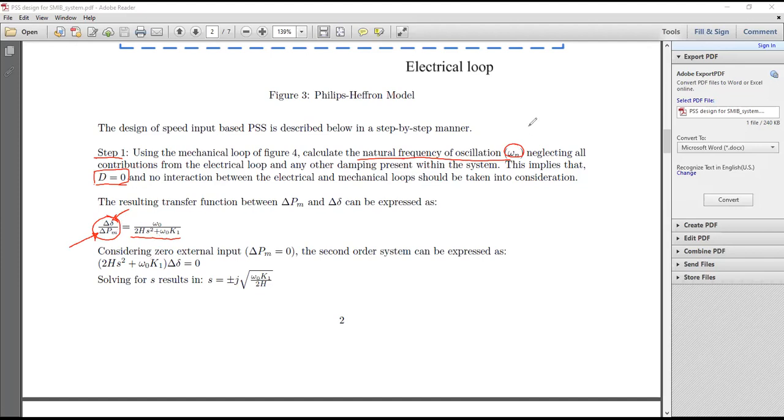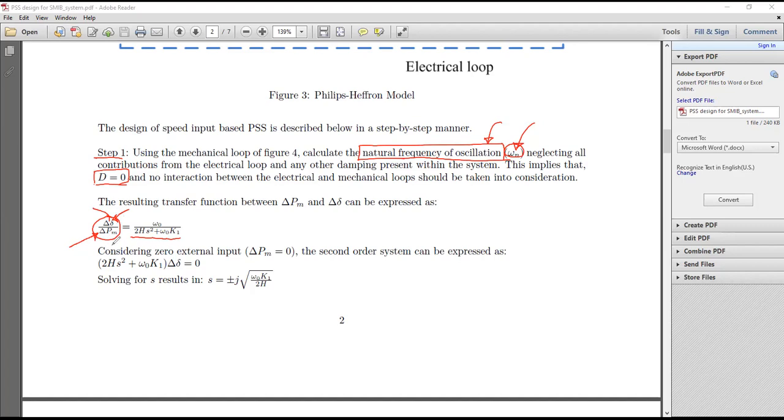That would give us the idea of omega n, because this is the natural frequency of oscillation. By definition, natural frequency of oscillation means the oscillation that the system experiences without the presence of any external disturbance, because of its own stored energy. That's why we took some non-zero value of del delta, but a zero value of external input del PM.